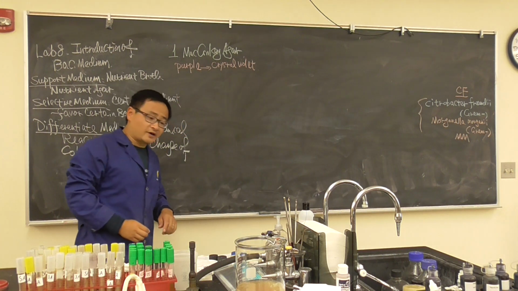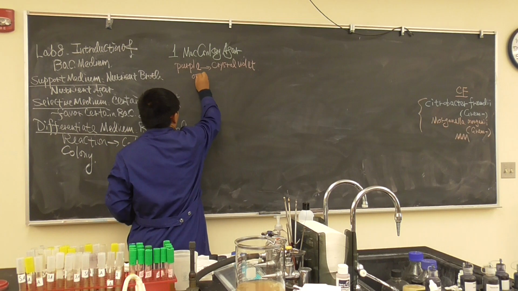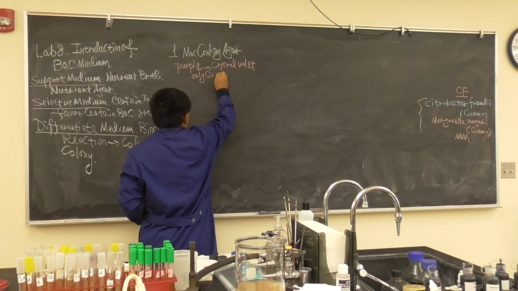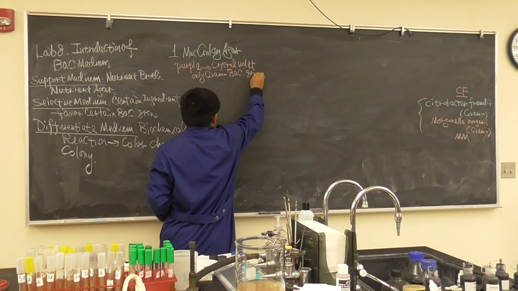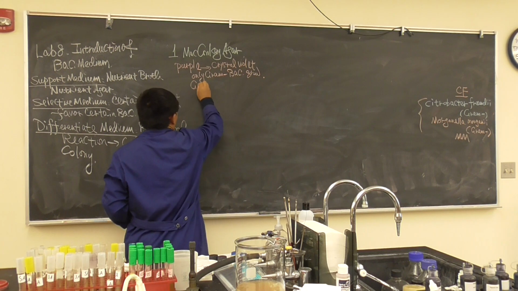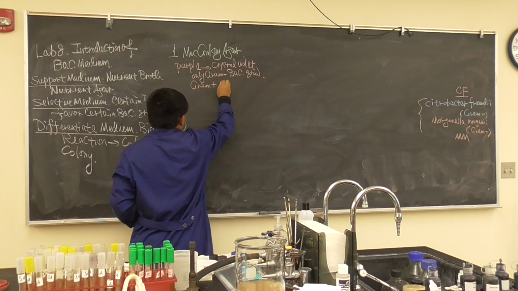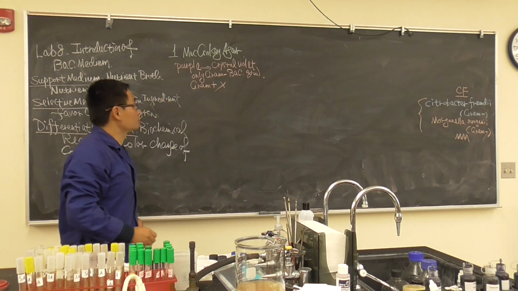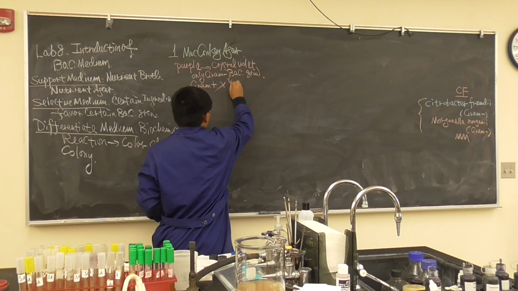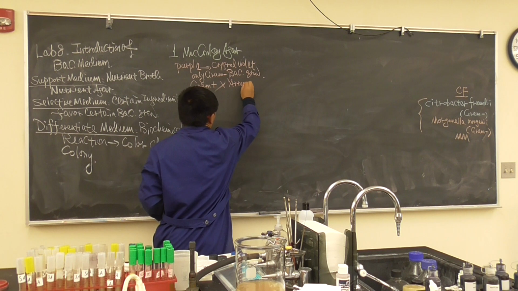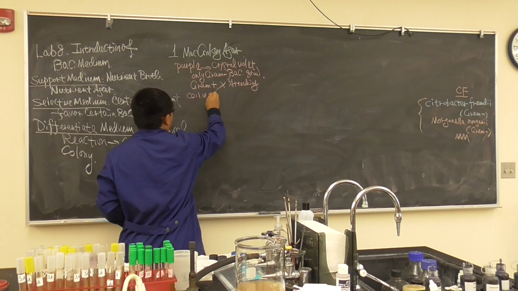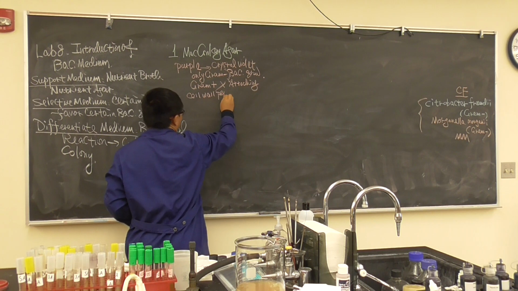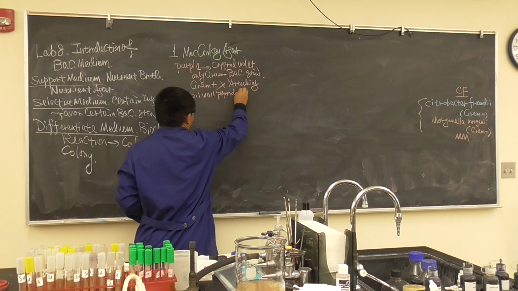Because of the crystal violet, only gram-negative bacteria grow, and gram-positive bacteria will not grow. The reason is crystal violet attacks the cell wall, the peptidoglycan.